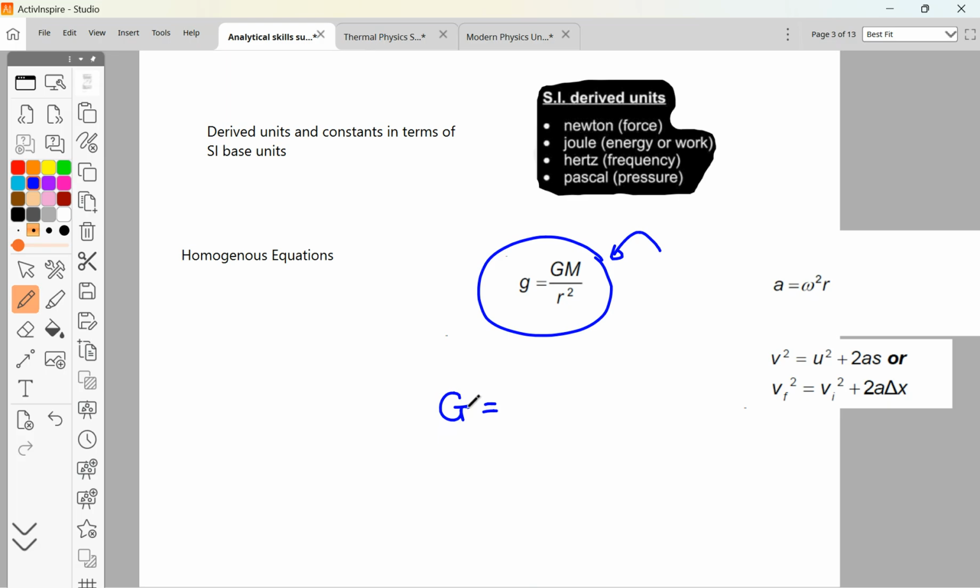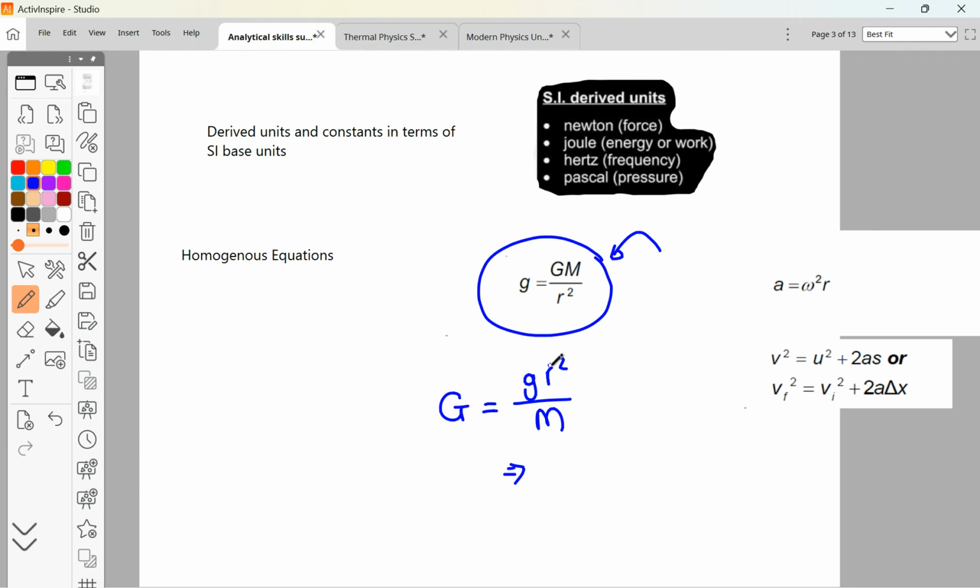Because I know this is on the information sheet, we know that, but you need to show using base principles that this is actually going to give you that correct one. So then you're going to say G equals g R squared over M. Hope my algebra is correct there.